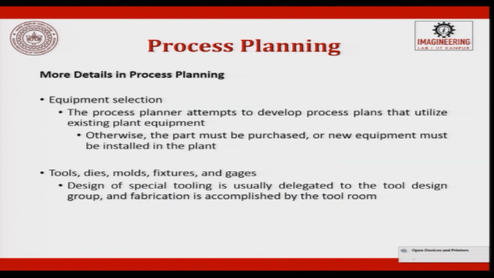The moment you have understood the sequence, next comes deciding what equipment is to be used. For example, you have a sheet or a plate of 10 millimeter. It has to be cut along a straight line. You can do it by water jet cutting, by plasma, or even by a shearing machine. Any of the three you can choose.